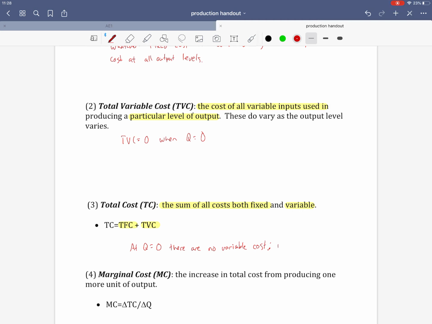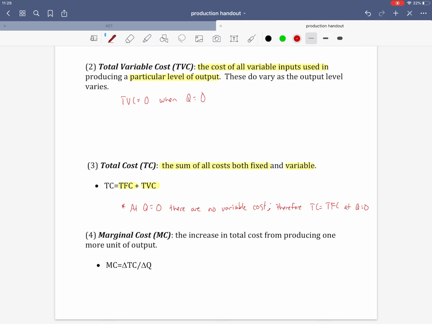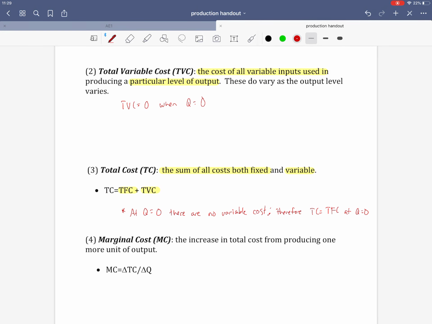Therefore, our total cost will be equal to our total fixed cost whenever our quantity is 0. That is going to be a helpful tip. So whenever your quantity is equal to 0, as we've already established, there are no variable costs. Therefore, your total costs are always going to be equal to your fixed costs whenever your quantity is equal to 0.